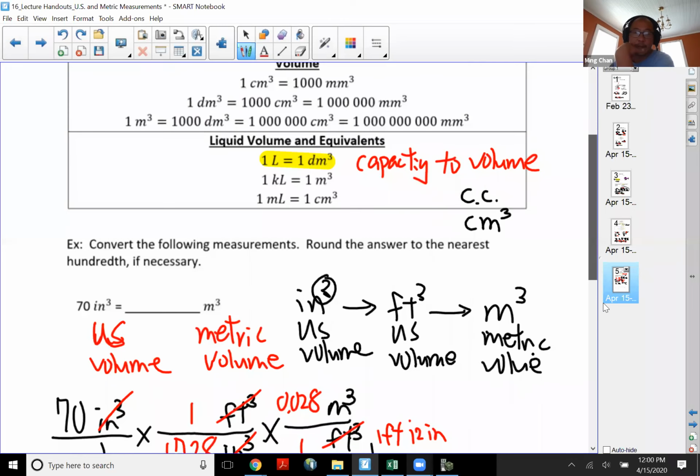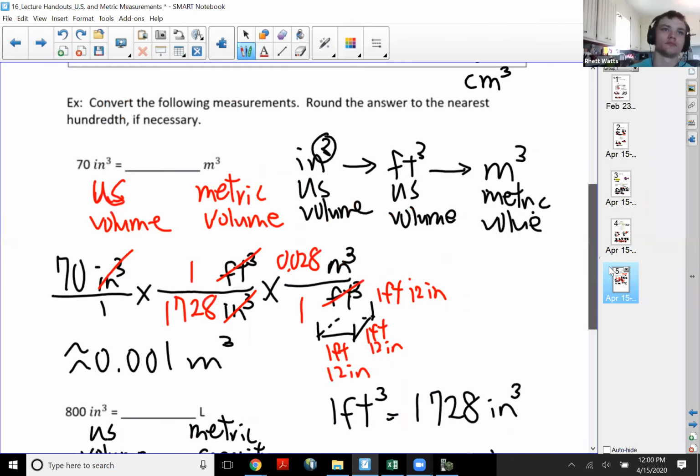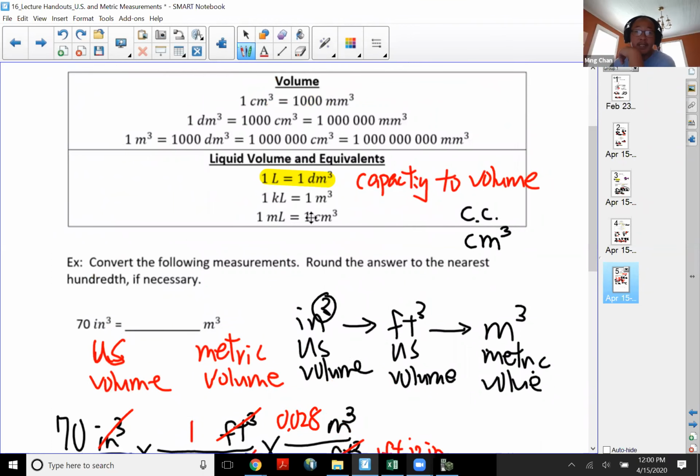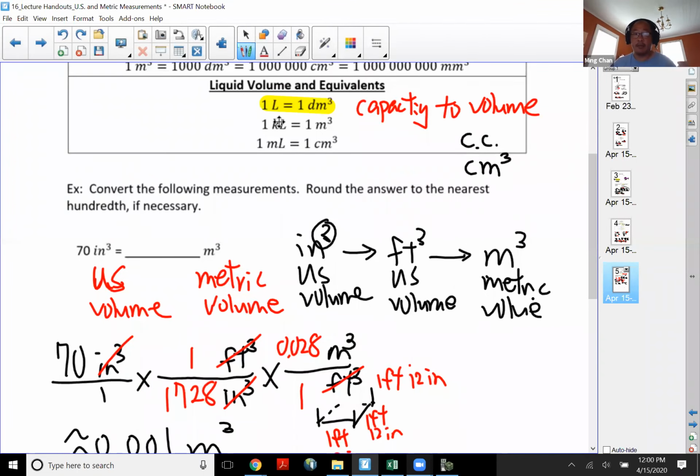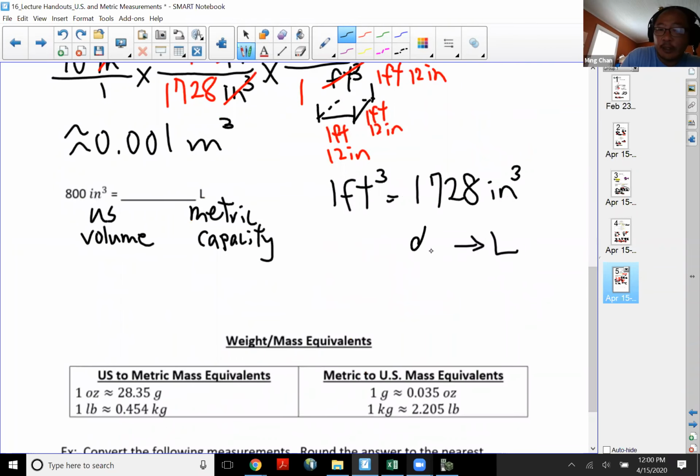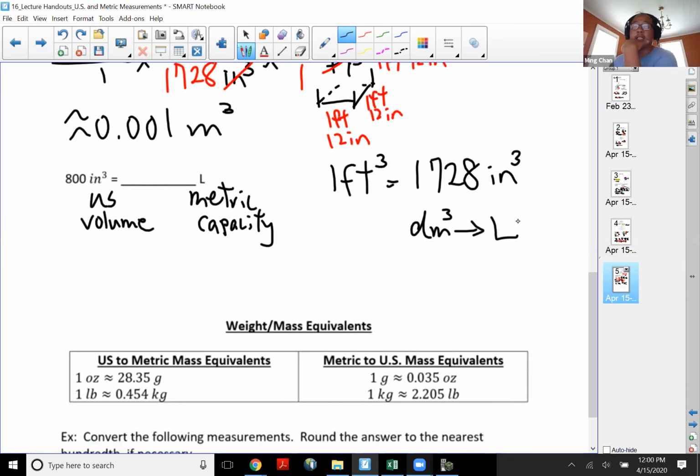Okay, so I need to end up in liter, right? But none of these says liter, except this first one. Okay, so if I make this jump right here at the very end, what it's saying is, I can come from the volume, cubic decimeter. Cubic decimeter can take me straight to liter that I want, but can I convert between cubic deci to cubic inch?